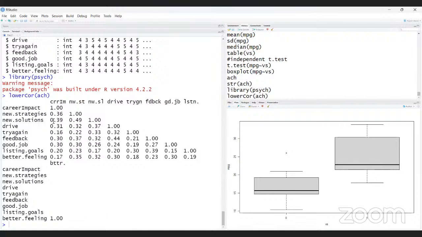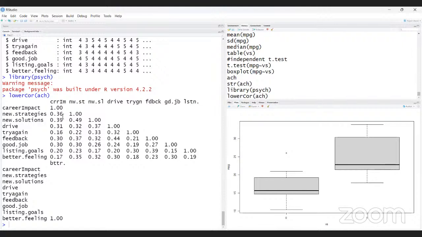And you have noted this is the first variable, career impact. And this is highly correlated with new solutions and new strategies. Lower correlation only.